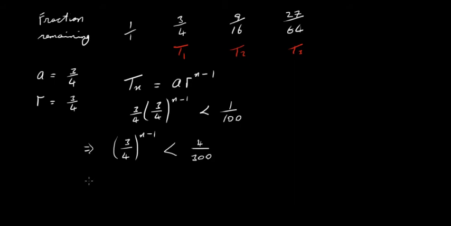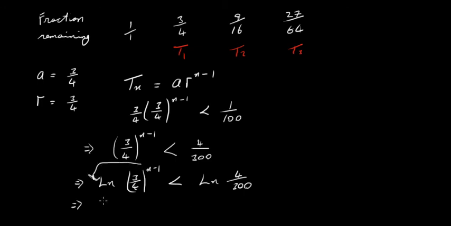Now at this stage the variable is in the power, so we need to take the log of both sides. So I'm going to take the log of 3 over 4 to the power of n minus 1, and also the log of this side as well, 4 over 300. Next step then is bring this power down, so I'm just going to take the n minus 1 and multiply it by log 3 over 4.